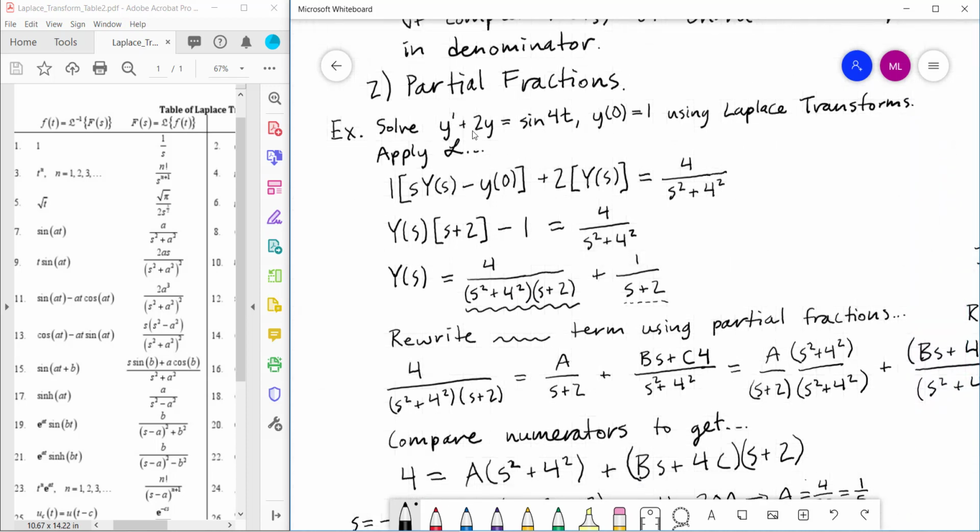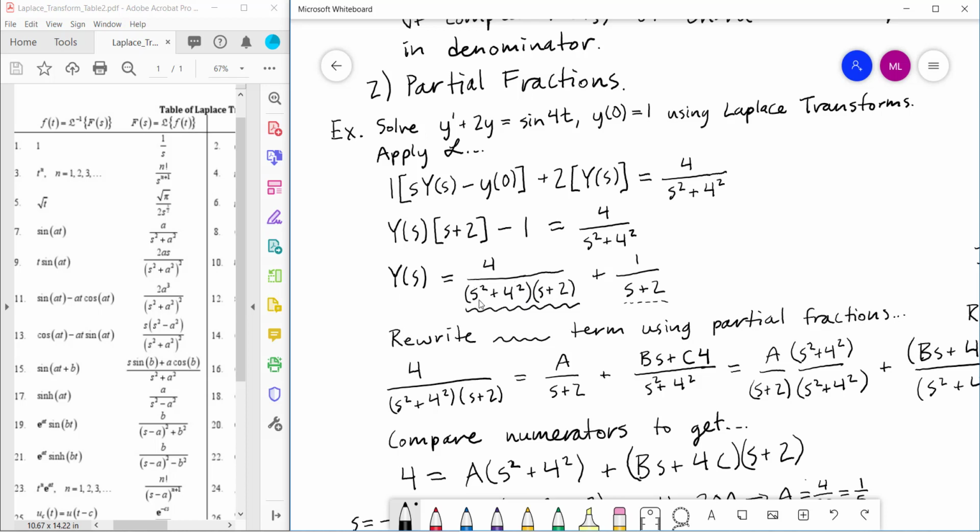So if you want to think of the homogeneous version of this equation, it leads to the s plus 2 in the denominator, right? After we Laplace transformed, here's our s plus 2 that winds up surviving, that winds up in the denominator in both of these places. But this piece down here has another component.